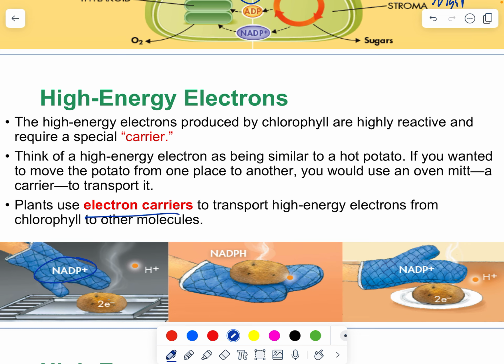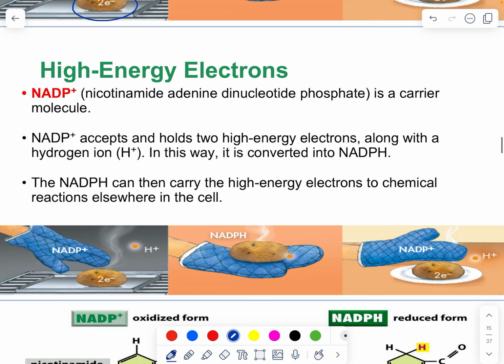So NADP plus is an electron carrier, which means it carries the electrons, the hot potatoes, to where the electrons need to go, okay? And so this happens because of NADP plus, there it is. You do not need to know this name: nicotinamide adenine dinucleotide phosphate. I'm not going to ask you that, but just the letters and the positive sign.